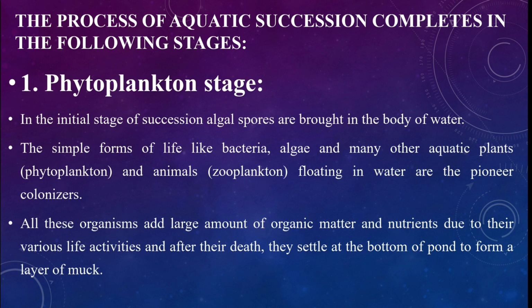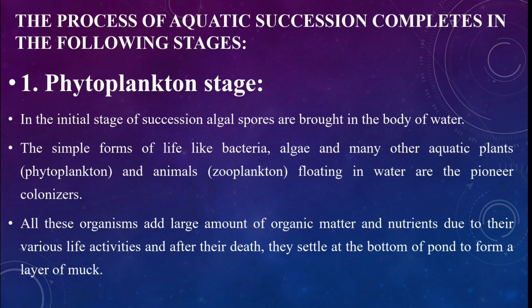The simple forms of life like bacteria, which are microbes, algae, and many other small aquatic plants, which are called phytoplanktons, and animals which are called zooplanktons, float on the water surface. These are the pioneer colonizers in these aquatic environments.